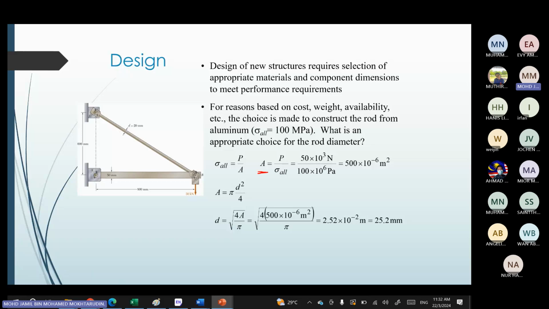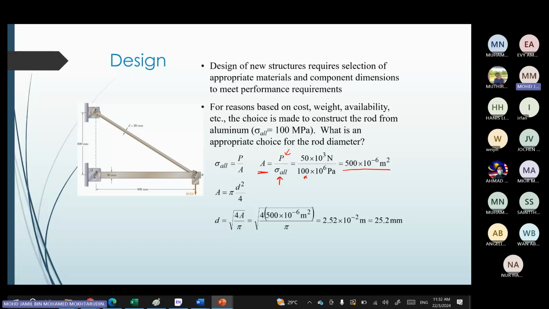You are given the force from the previous slide, 50 kilonewton, and the stress that the material can sustain, which is aluminium, 100 megapascal. This is the stress from aluminium. So you get the cross sectional area of the rod, which should be 500 times 10 power of negative 6 meters squared.